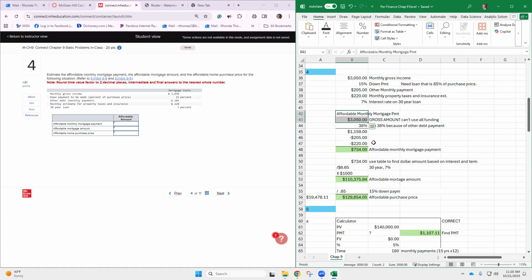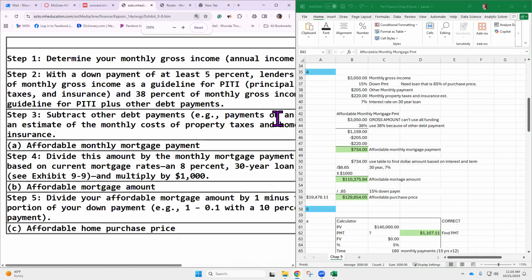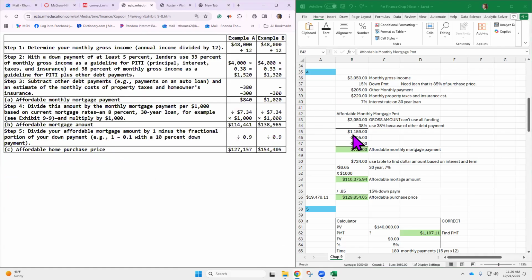Okay, so the first one, and we're going to use these exhibits here. This is the first one we're going to use. And you say, how do you know to use this one? The only difference is the fact that we have other debt payments.